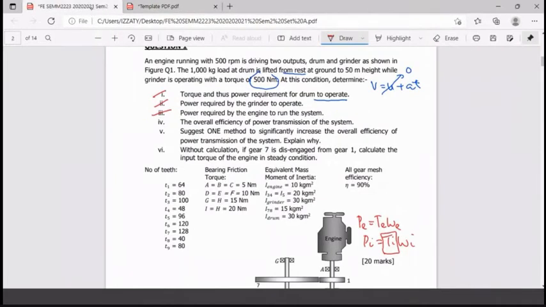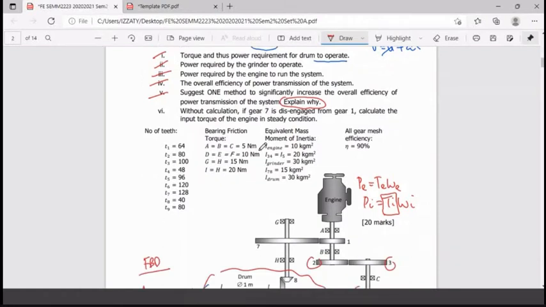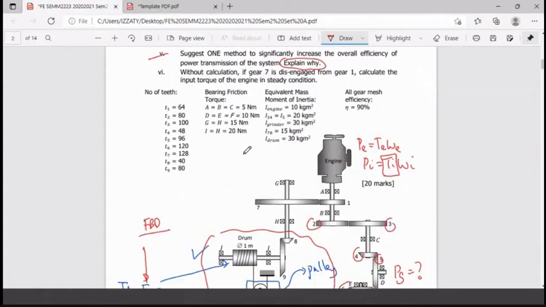Number 5, suggest one method to significantly increase the overall efficiency of the pump transmission system. Explain why. One method. How are you going to increase the power transmission? How?